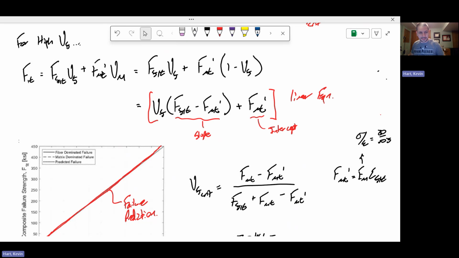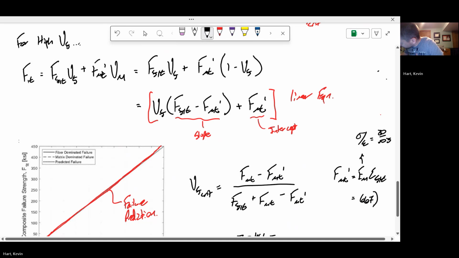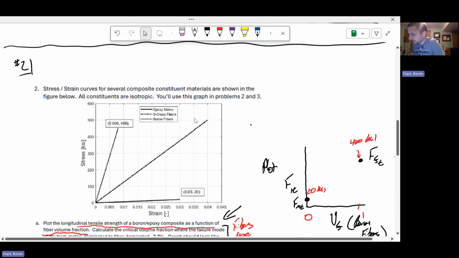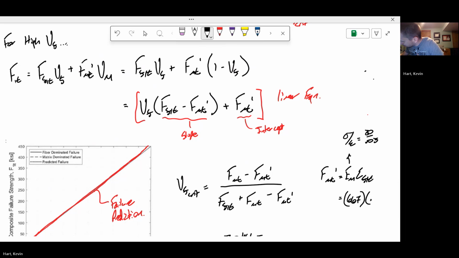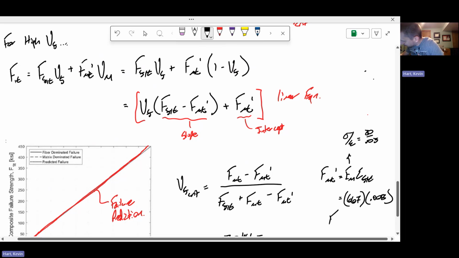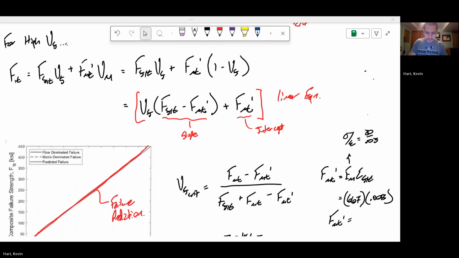Oh boy, it's going to be like 6.7, 667. Times the failure strain of the fiber in tension. That's 0.008. Okay, so FMT prime is 5.33.